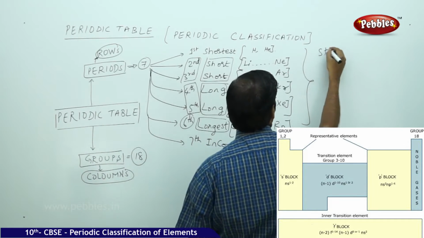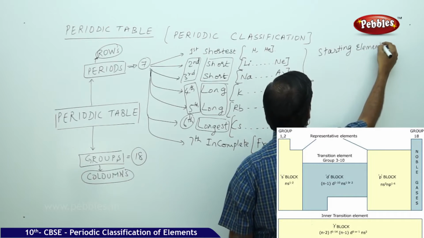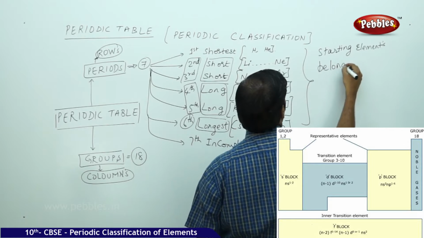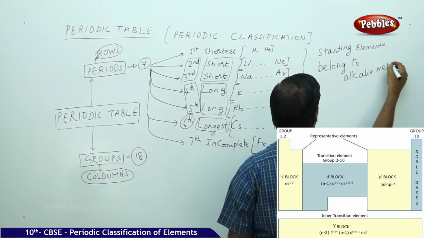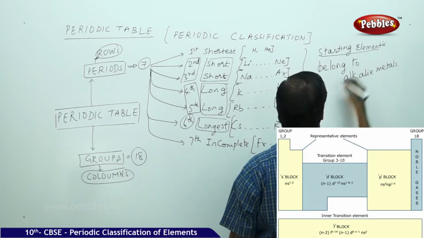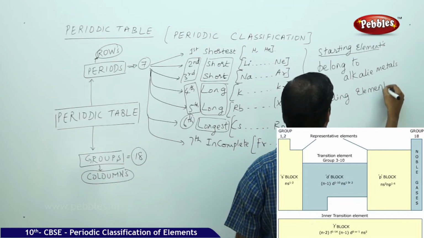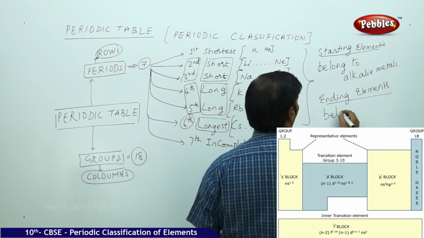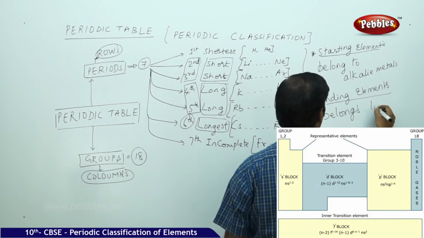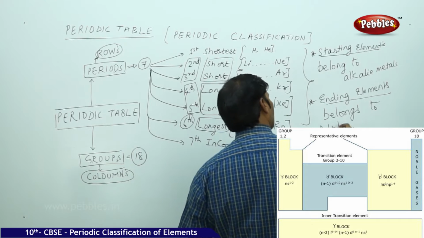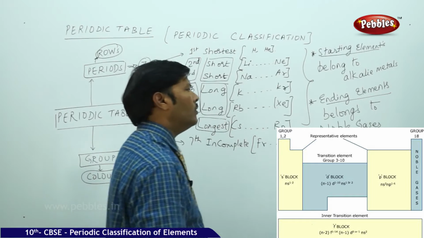In every period, the starting element belongs to the alkali metals, and the ending element belongs to the noble gases.